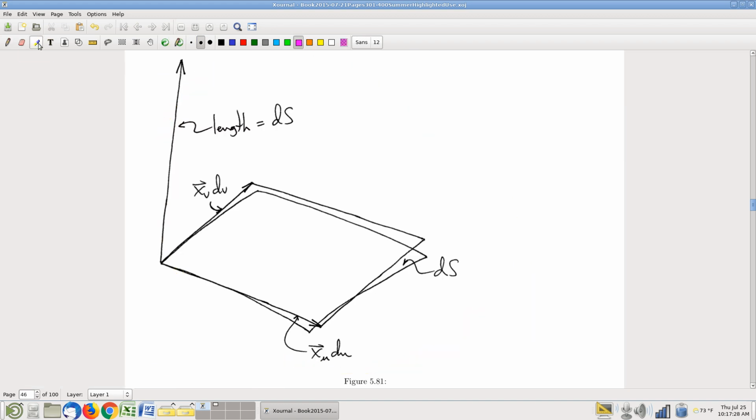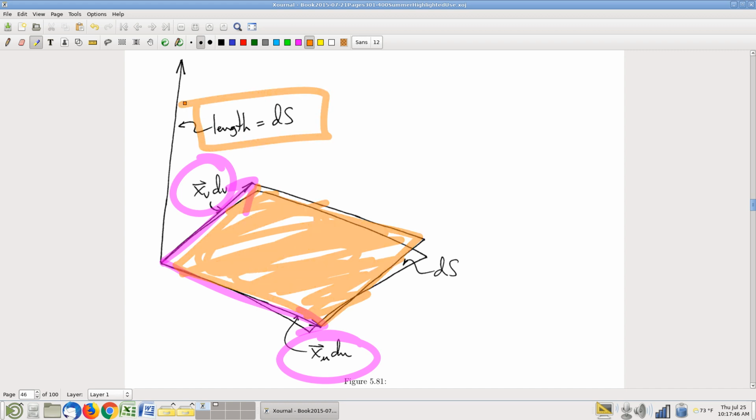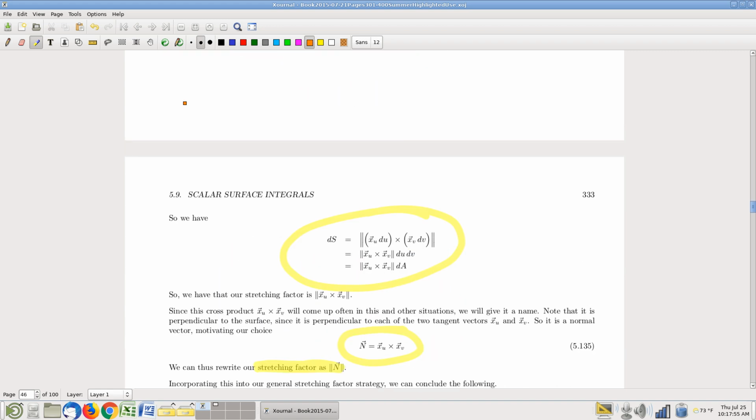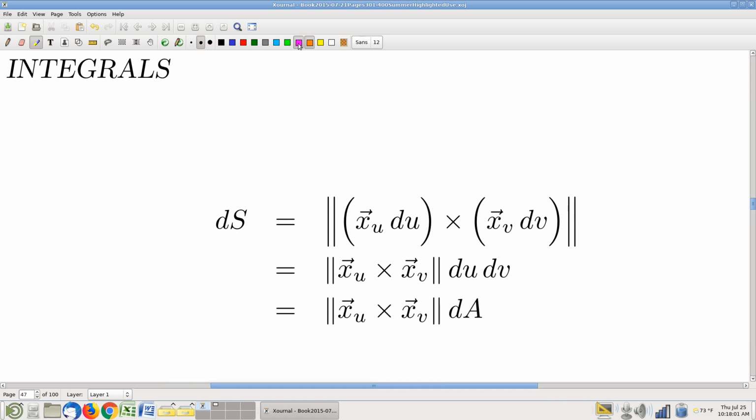So we just got through computing these two edge vectors, xu du, xv dv. We want to compute this area. And the formula for the area is that area is the length of the cross product. So I'm just going to write down the length of the cross product of these two vectors, xu du, xv dv, and compute. Here's how that calculation goes. Again, those edge vectors I just computed, xu du, xv dv. Area is the length of the cross product.